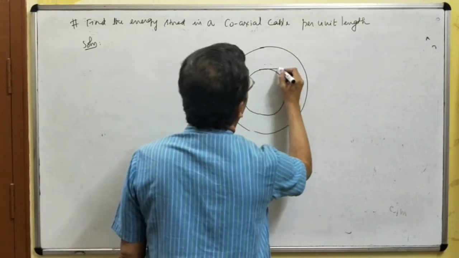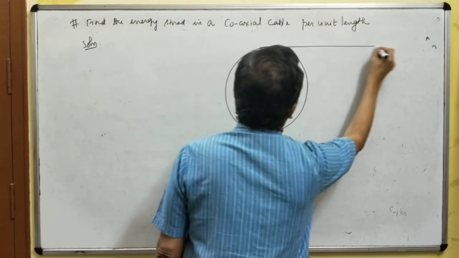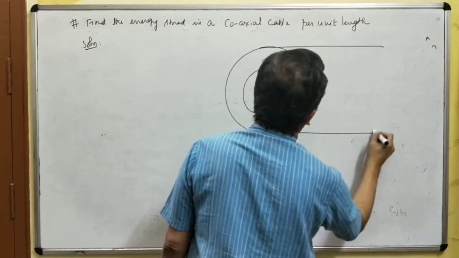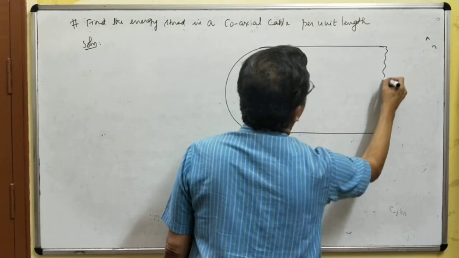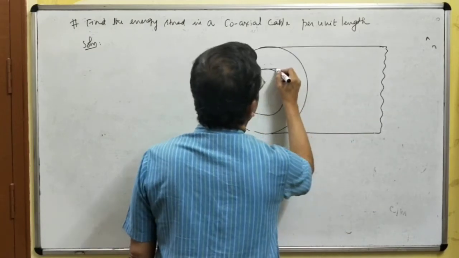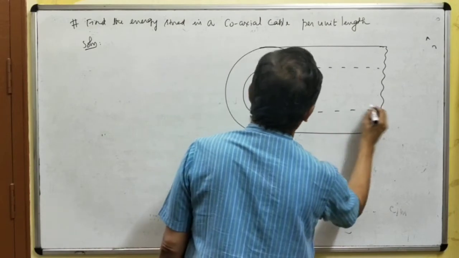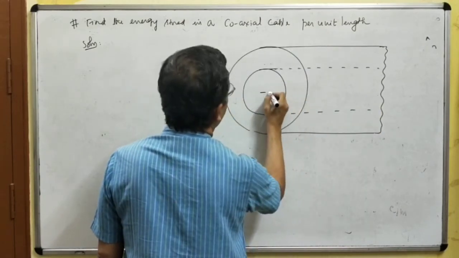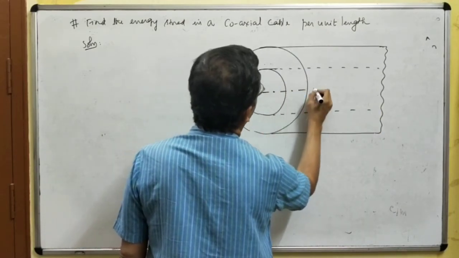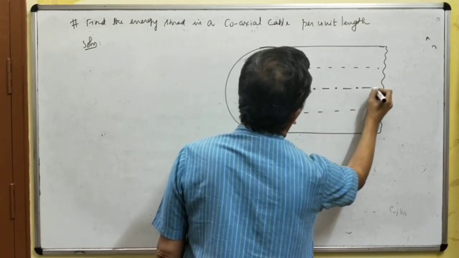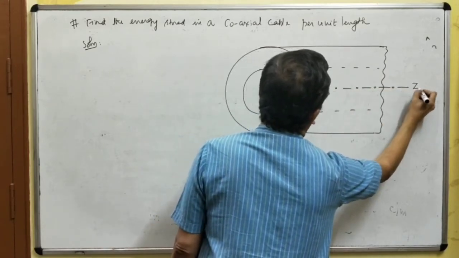We have got two coaxial cylinders. A length is cut. Right, this is the axis. This is the axis of the cable, which is the z-axis.